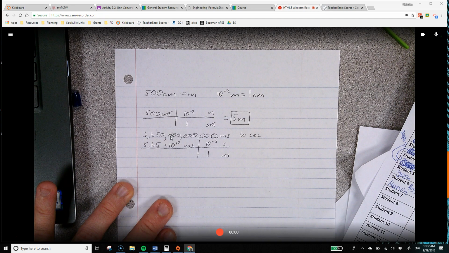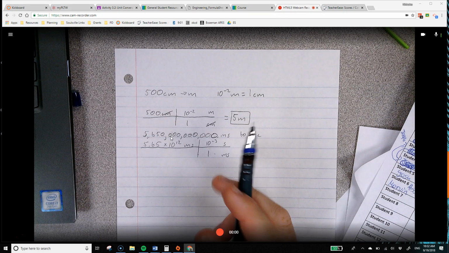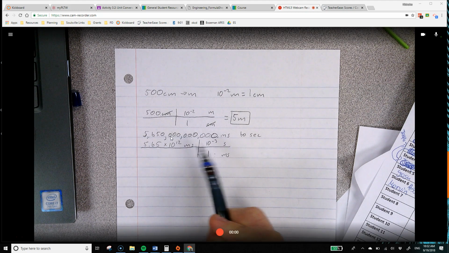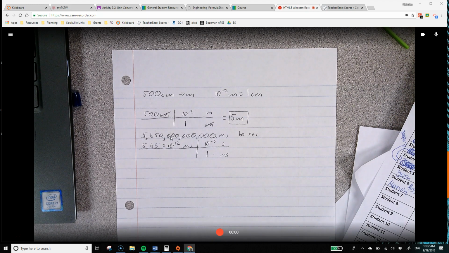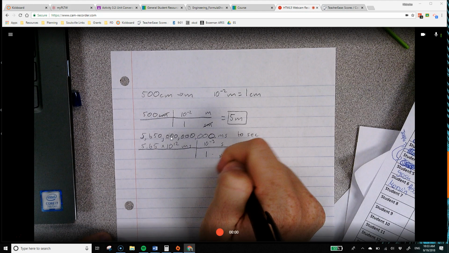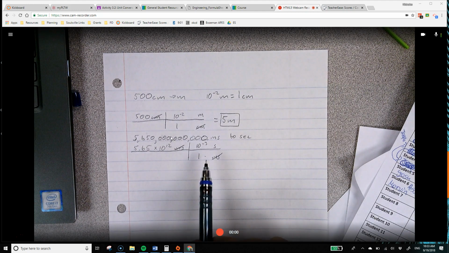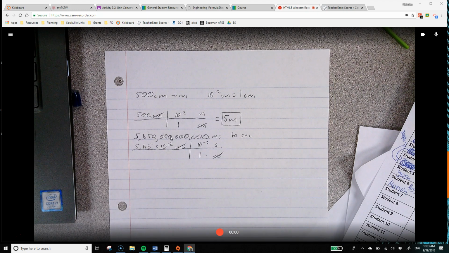All right. So does anybody know from your math classes, if I'm trying to multiply this number and this number, what should I do? I'm multiplying. I need to cross out my milliseconds first. Now I'm going to multiply 5.65 times 10 to the 12th times 10 to the -3.